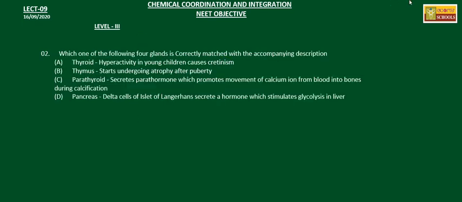The next question, which one of the following four glands is correctly matched with the accompanying description? Thyroid gland: hyperactivity in young children causes cretinism.